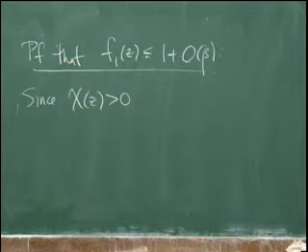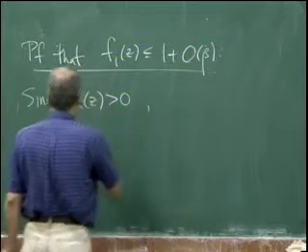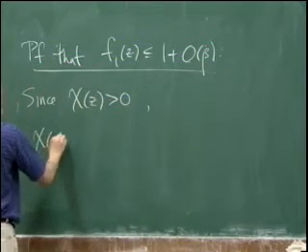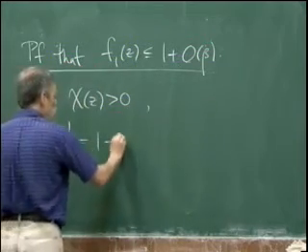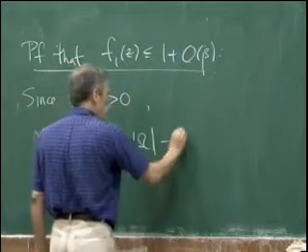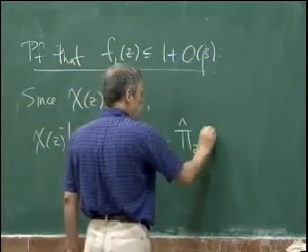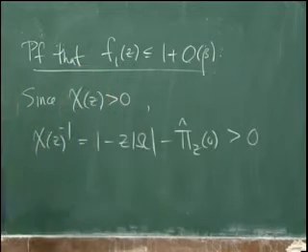The lace expansion gave us a formula for the reciprocal of the Fourier transform of the 2-point function, and when we put k equals 0, that's the susceptibility. So we have this formula, which is that chi z inverse, the reciprocal, is 1 minus z omega minus pi hat z of 0, and that's positive.